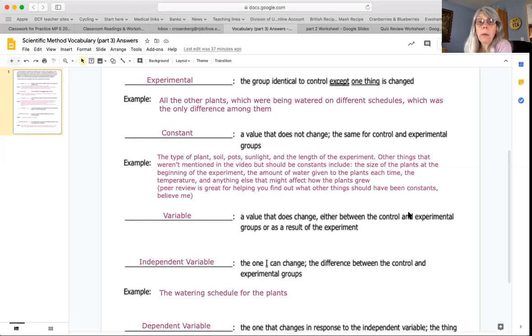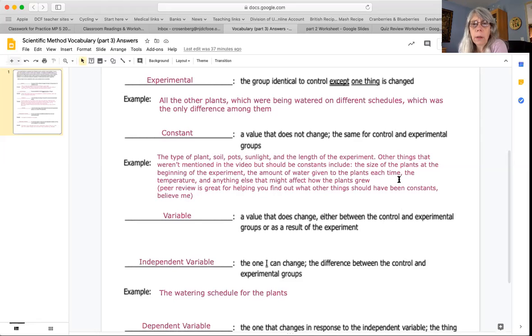Other things that weren't mentioned but should be constants are the size of the plants at the beginning of the experiment. They should all be pretty much the same because how big they already are can affect how big they get over the course of the next month. And the amount of water given to the plants each time.